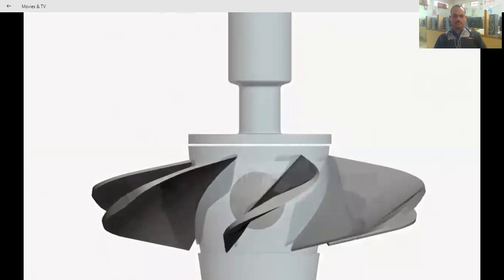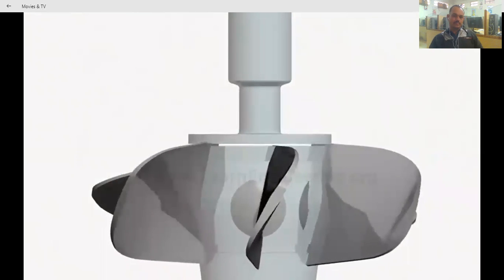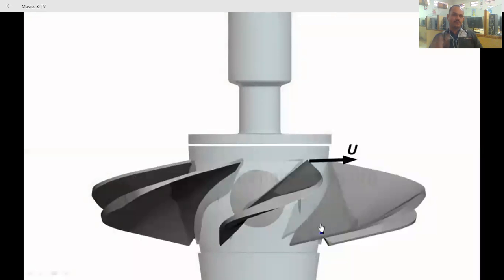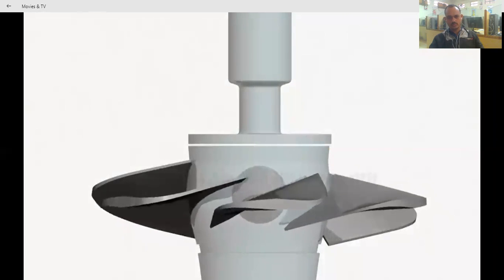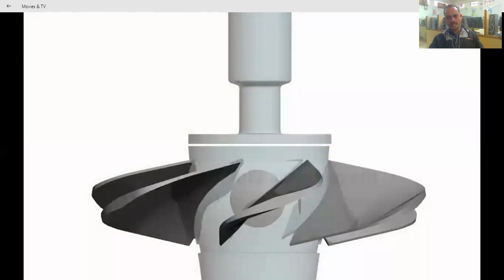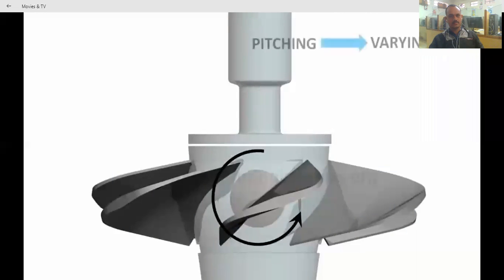When the flow rate is low, relative velocity of flow is more tangential, so blades are pitched in the flow direction. When the flow is low, we move like this. In short, pitching action of blade makes sure that blade is still in optimum angle of attack, even under varying flow. This process is called pitching.